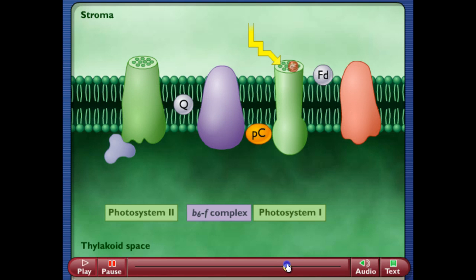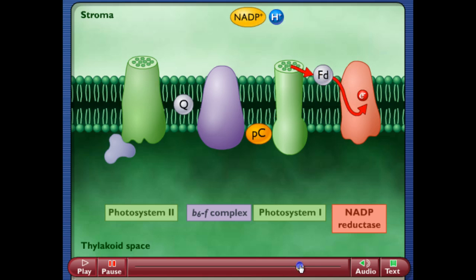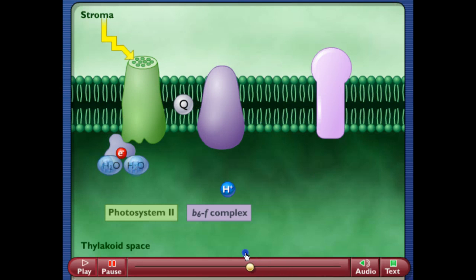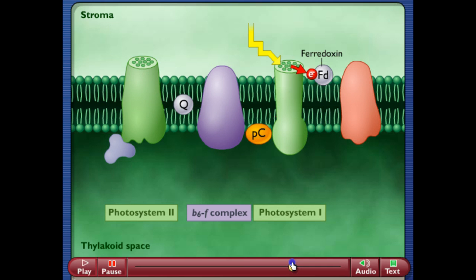And in photosystem 1, light strikes, ferredoxin transfers the electrons to NADP reductase, which now uses that energy to reunite NADP and H to form NADPH. And the electrons from photosystem 2 are replacing the ones that are lost here. All right, that's 7 steps in non-cyclic photophosphorylation.